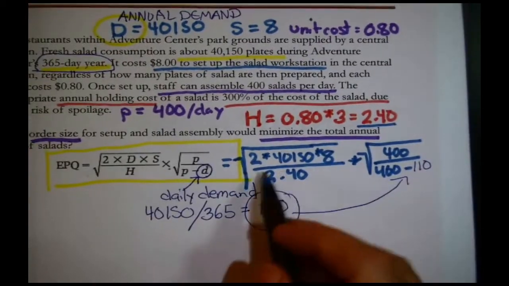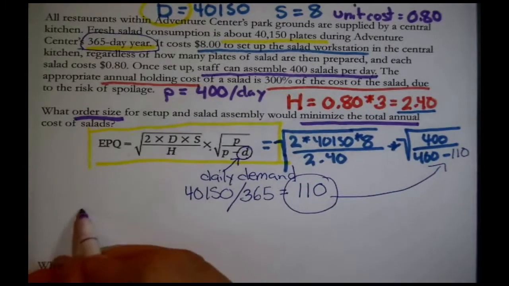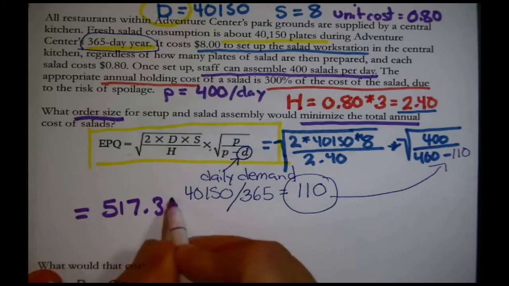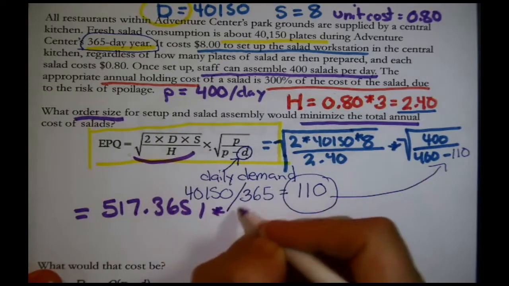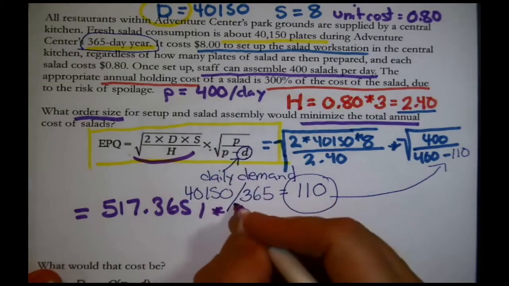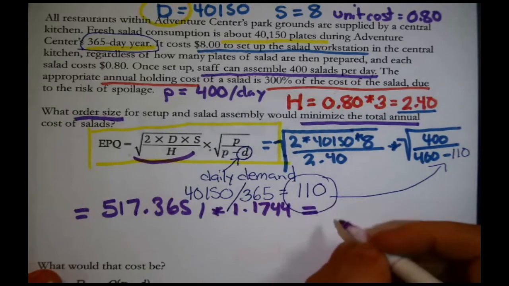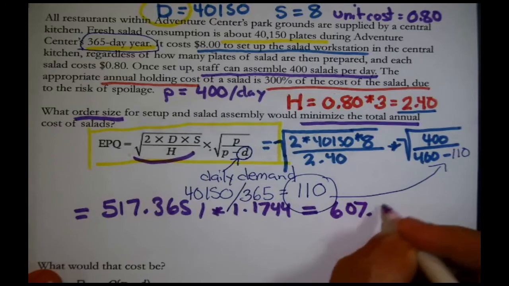Oh, all right, so I did that on my calculator. Comes out a little messy, but I get 517.3651 for this part of it, times, now wait a minute, this part of it. It is helpful to do the two halves separately, just to stay organized, equals about 607.6.